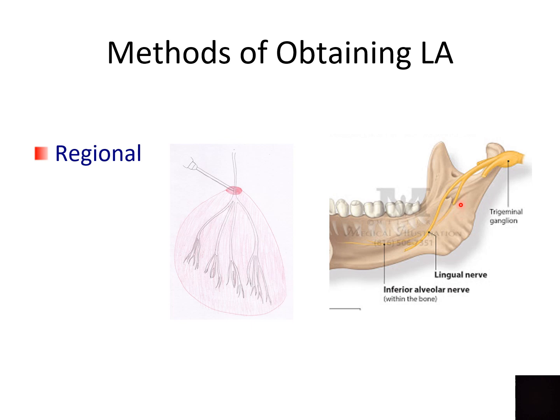So, if you want to anesthetize a wider area with a single injection, that is when you need a regional nerve block, or if you want to anesthetize a specific area where infiltration anesthesia would not work, that is when you would need a nerve block.